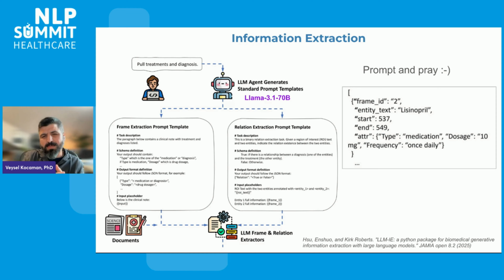So there is a recent paper talking about this as well. They fine-tuned Llama 3.57, one of the most prominent and popular open source LLMs out there that you can fine-tune with your own data. You can write a prompt yourself or use some agent frameworks to write a prompt and then extract entities.